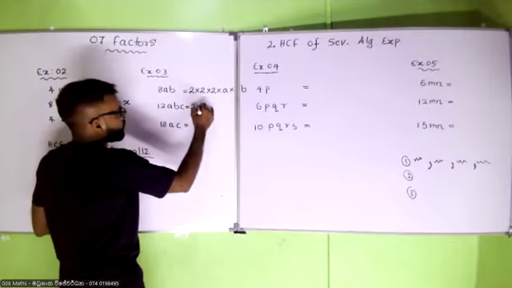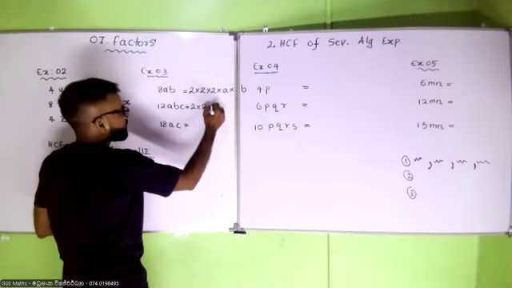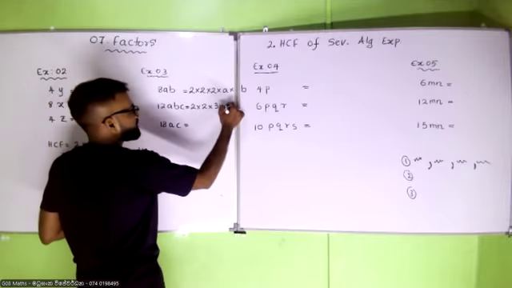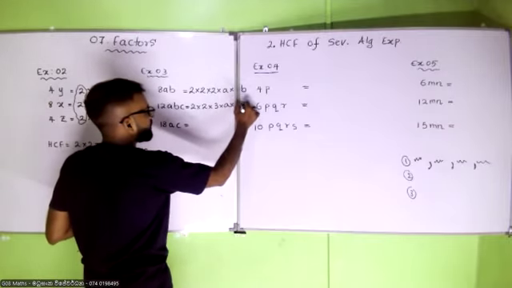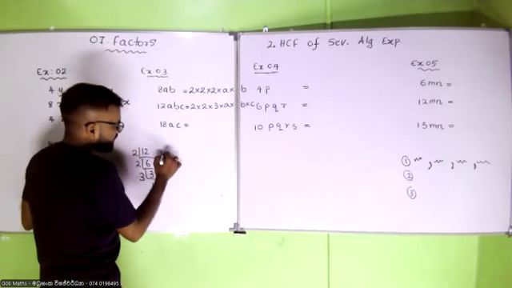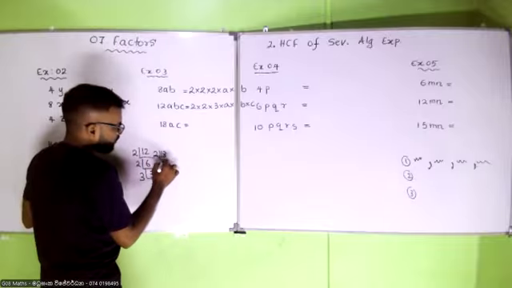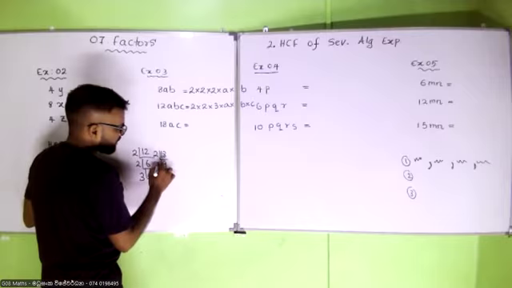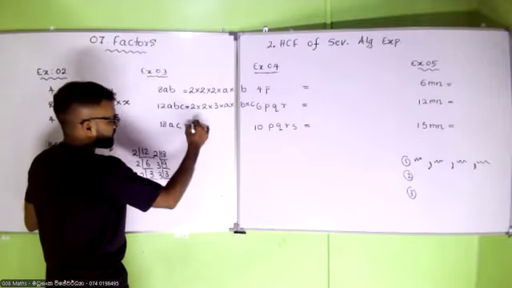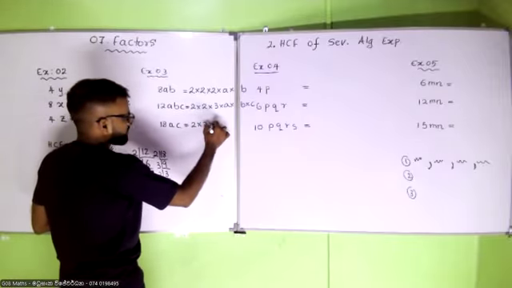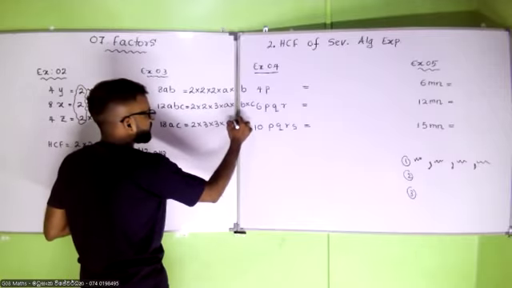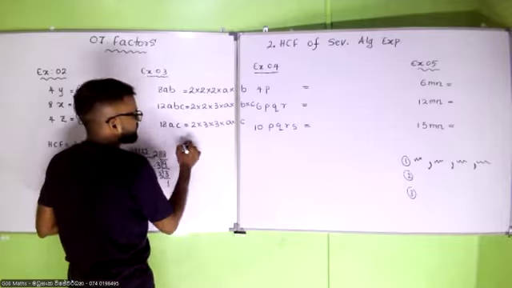So 2 multiplied by 2 multiplied by 3 multiplied by A multiplied by B multiplied by C. 18: 2 times 9. 3 times 3. 3 times 1. So 2 times 3 times 3 multiplied by A multiplied by C.